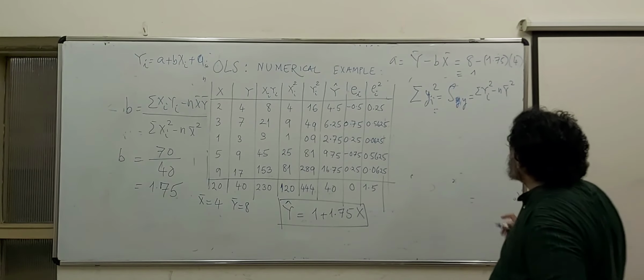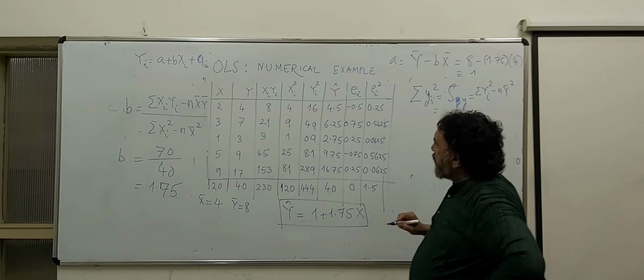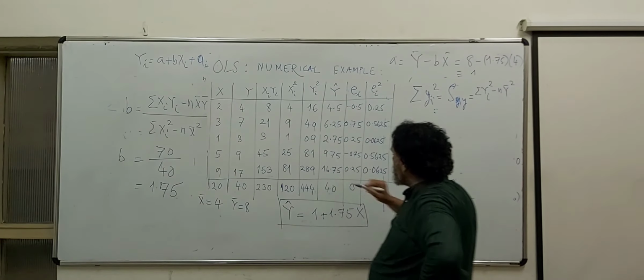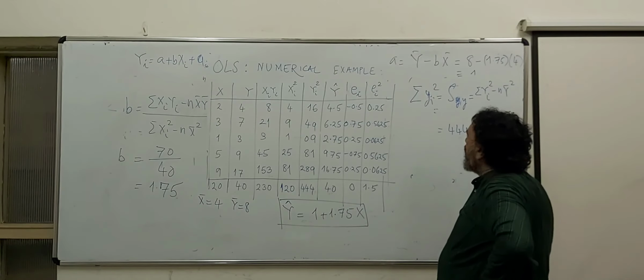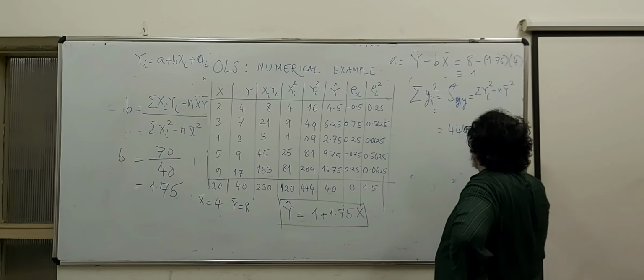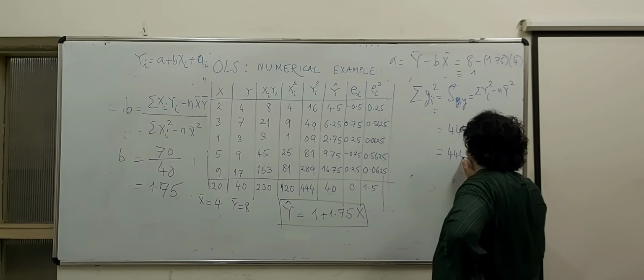So if we do this, what is it that we will get? We will get summation y_i square, 444, minus 3 times, that is 5, no, 3 into 8 square.